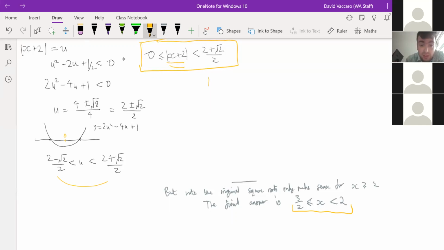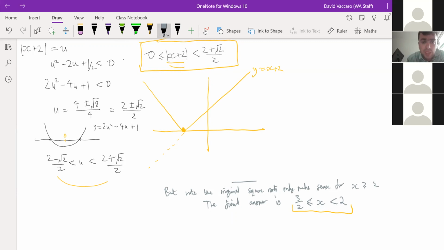Well, modulus inequalities, you probably know, are often best solved by sketching. So if I consider the graph y equals x plus 2, that can go negative, but then the modulus function picks it up and becomes positive.